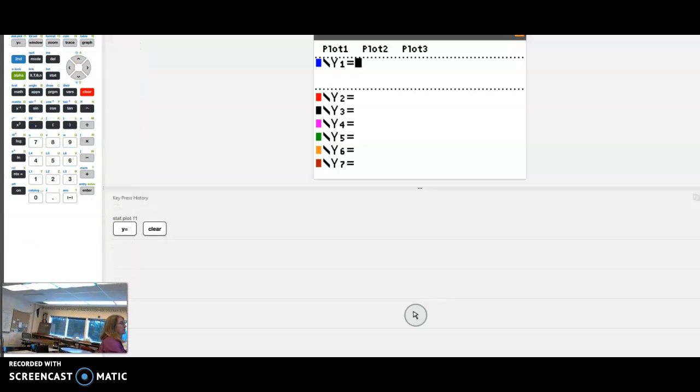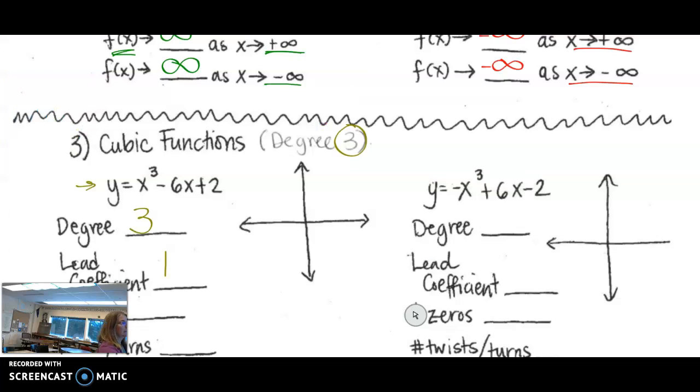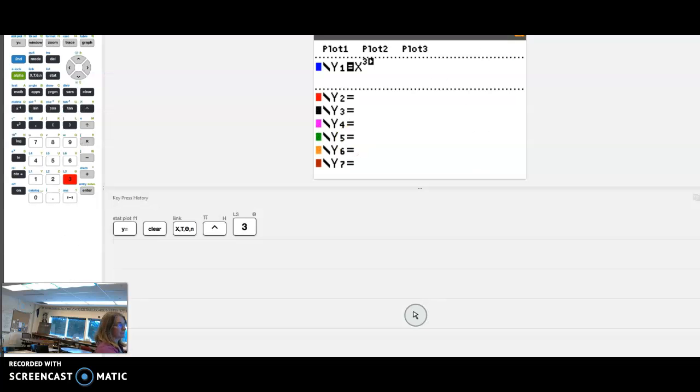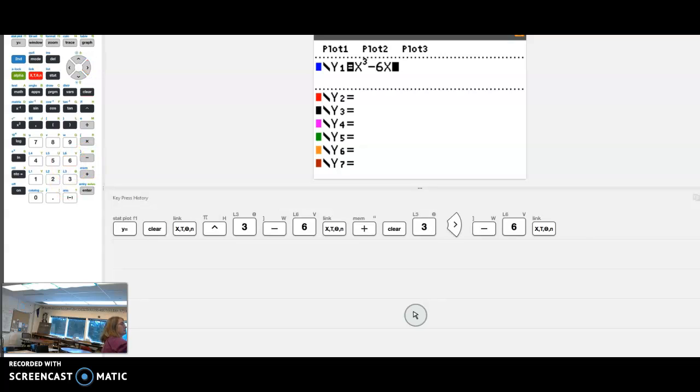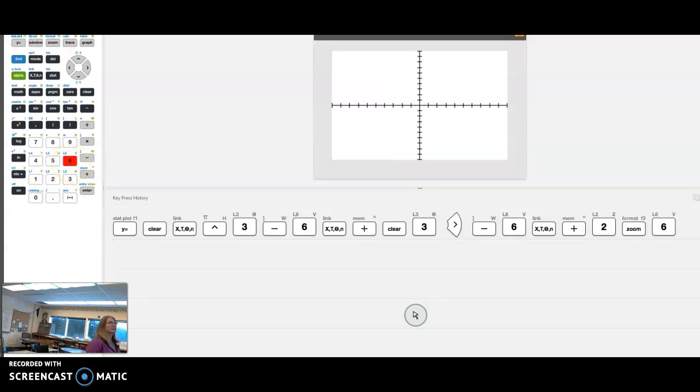So I'm just going to graph it in a calculator. So x cubed minus 6x plus 2. And I'm graphing this in a standard window.